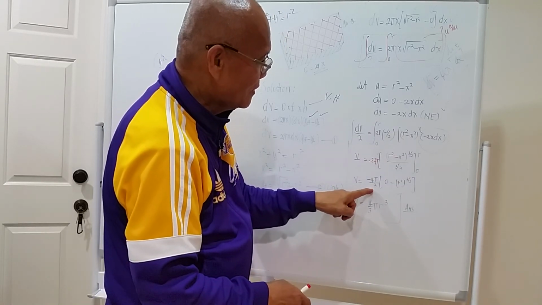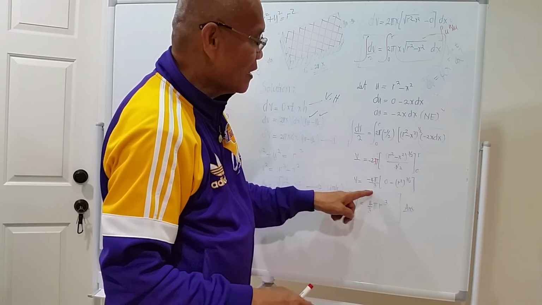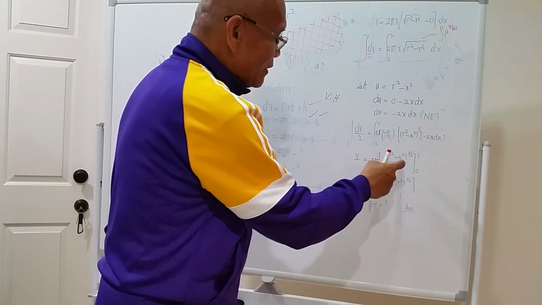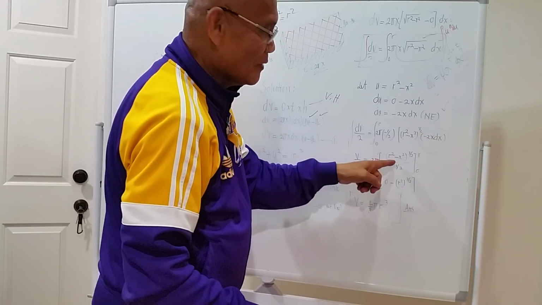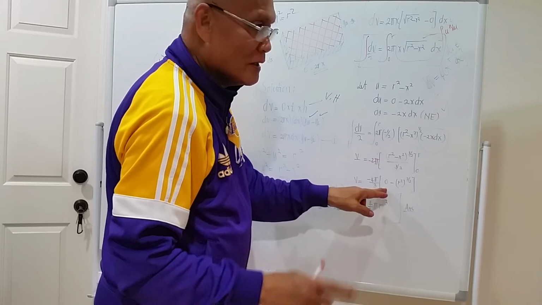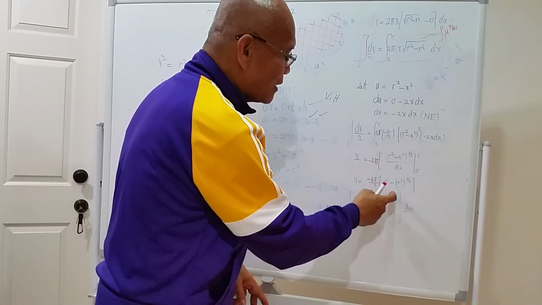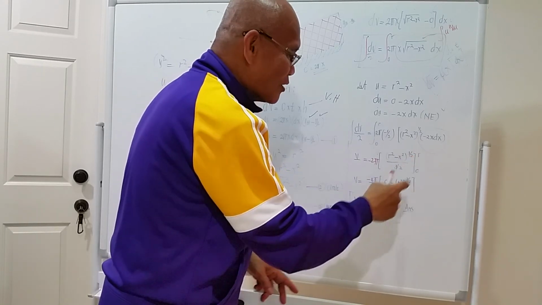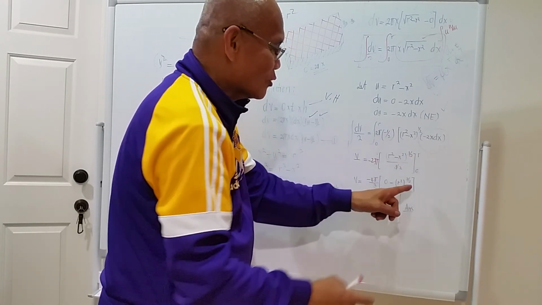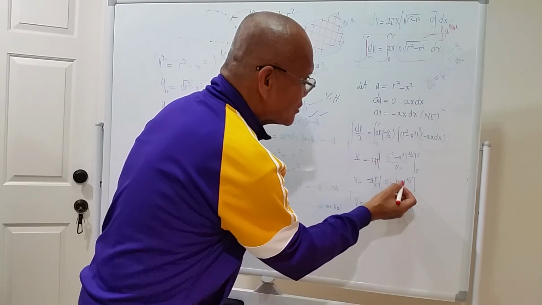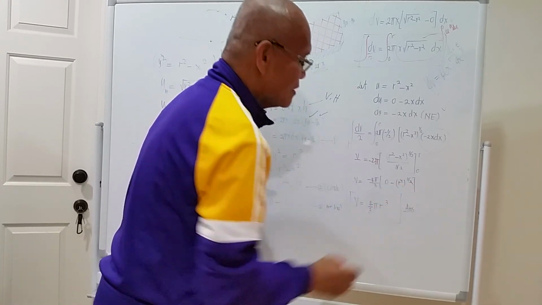This is over 3. And if we now place the upper limit, when x is r, the value will be 0. And when x is 0, the value of the lower limit will be r squared minus 0, or simply r squared raised to the 3/2. And luckily, these two here cancel with this.